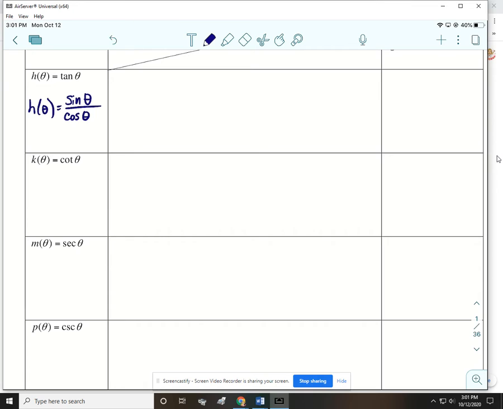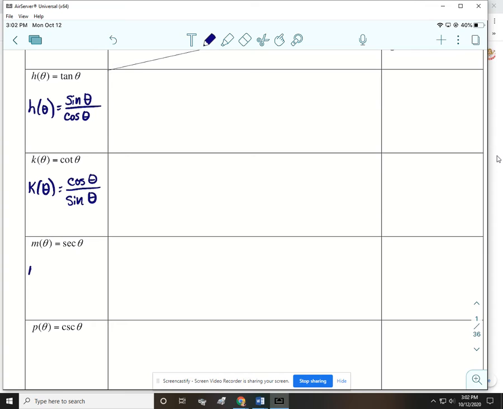And then for cotangent, we're going to rewrite that as the cosine of theta over the sine of theta. I guess technically, once you do the tangent of theta, you can rewrite that as 1 over tangent of theta if you want. I know this way will work.